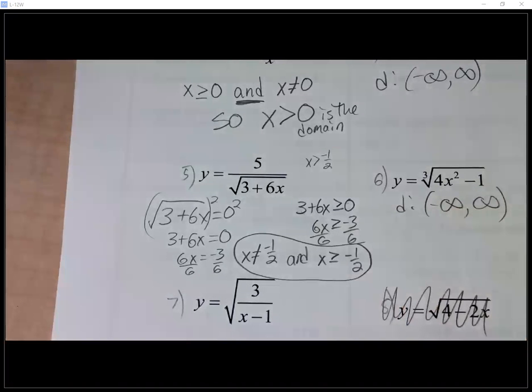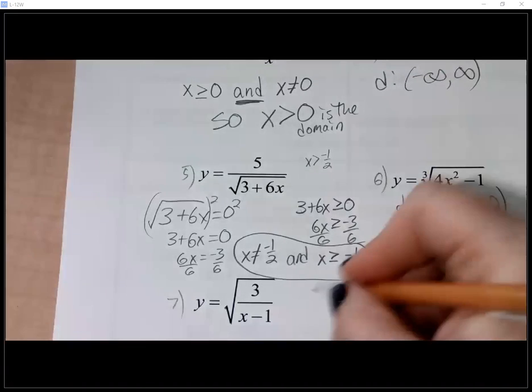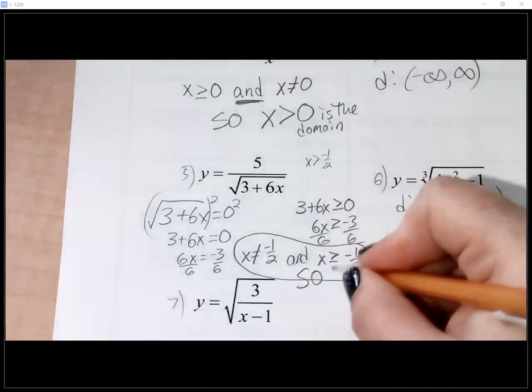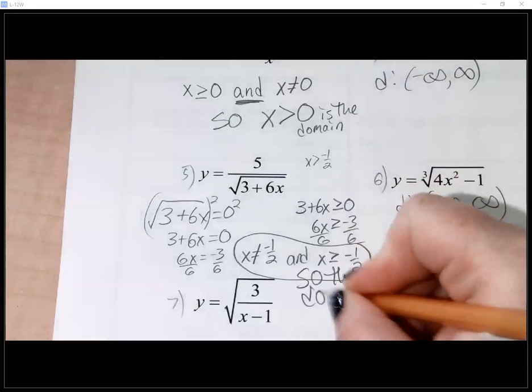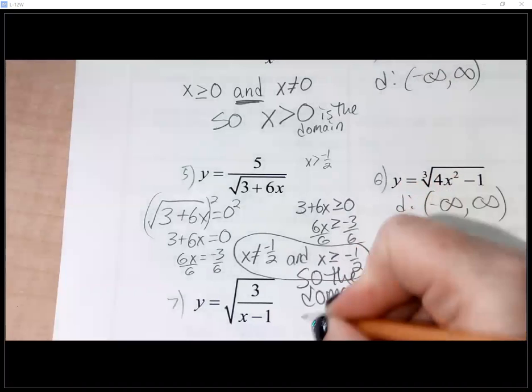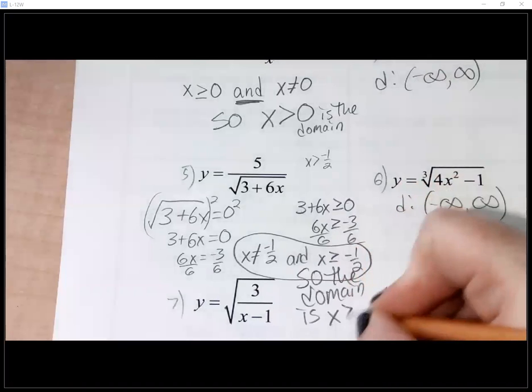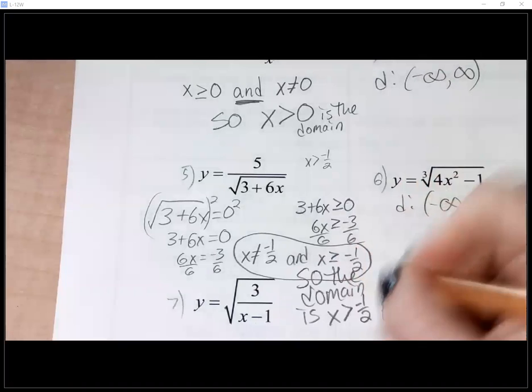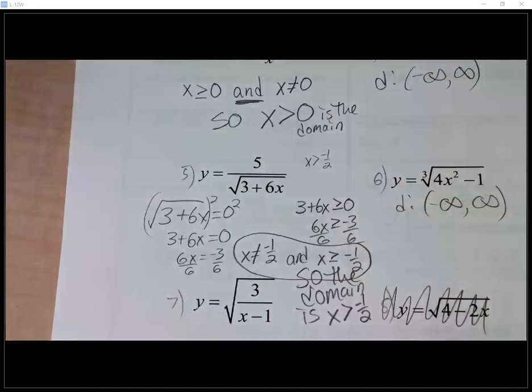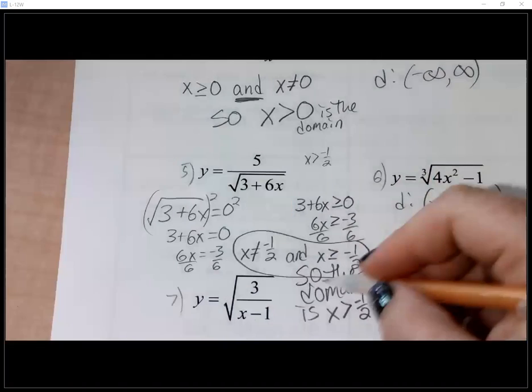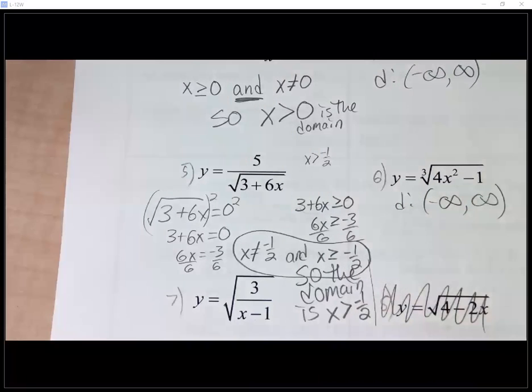So if x is greater than -1/2, that should work for everybody. I agree with Braylon's answer. So the domain is x has to be greater than -1/2, just not the or equal to part. Does that make sense? Are we feeling okay-ish?